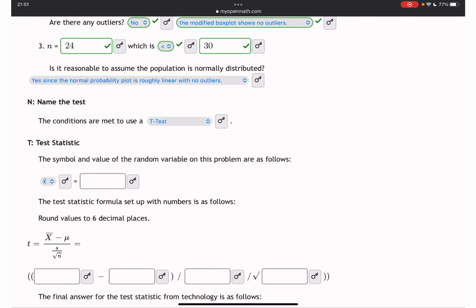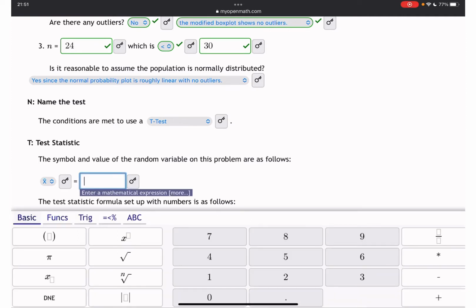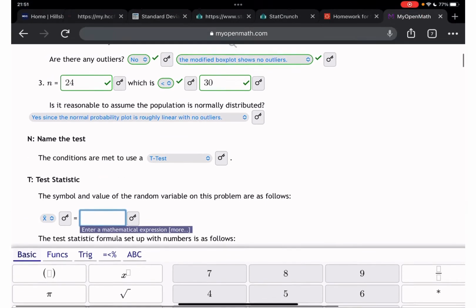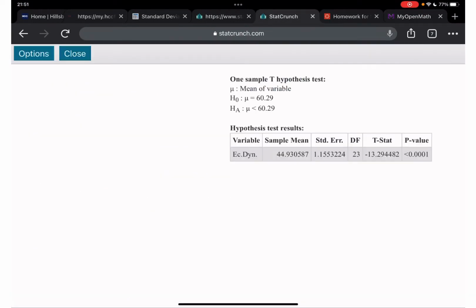Test statistics. X bar is equal. No, it doesn't let me. Okay, let me see. 44.9305. 44.930587. Okay.